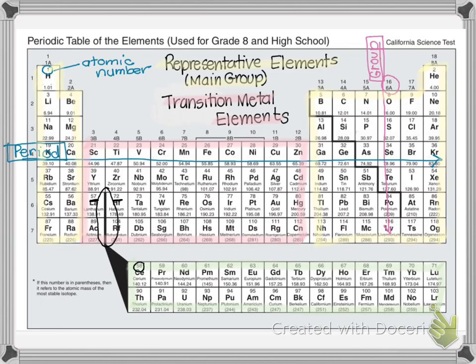I think it's just for the integrity of the overall shape, because remember, in the groups, there's chemicals with similar elements, and if we were to include these inner transition elements in the representative elements, it would throw those groups off. So this section is taken out, and they're called inner transition elements or inner transition metals.